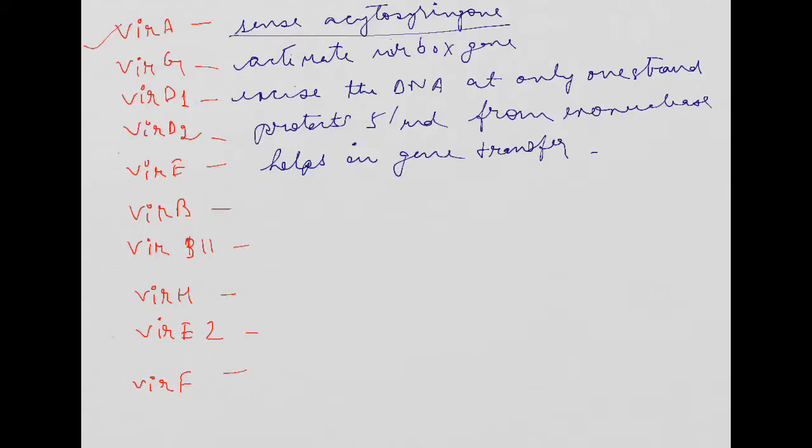Okay, how is this road formed? By formation of conjugation pore by VirB, it will form a complex structure between the bacterial plasma membrane and plant cell membrane, and through this pore, the DNA will get transferred from bacteria to the plant cell.